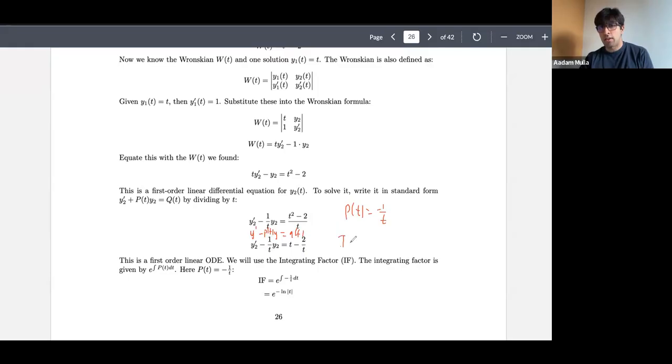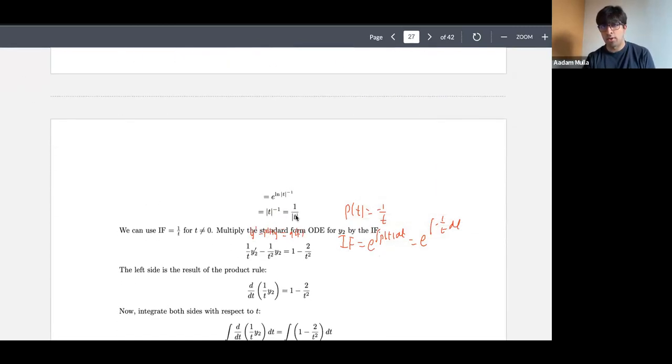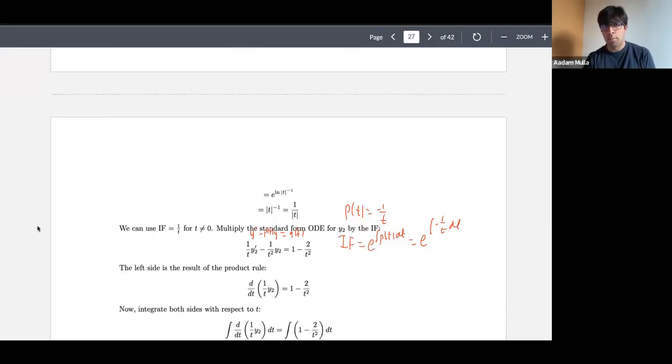So the integrating factor equals e to the integral of p of t dt equals e to the integral of negative 1 over t dt. This becomes negative ln, and then that should become 1 over t inside. So we get that the integrating factor is 1 over t. We multiply both sides by the integrating factor, right? And we get this, okay?